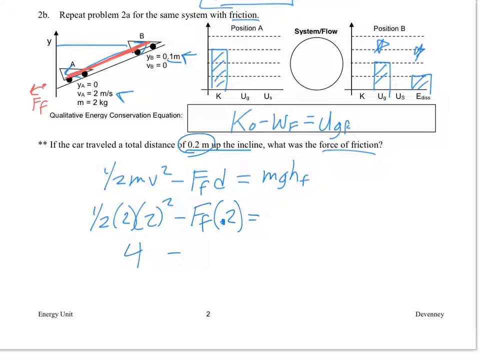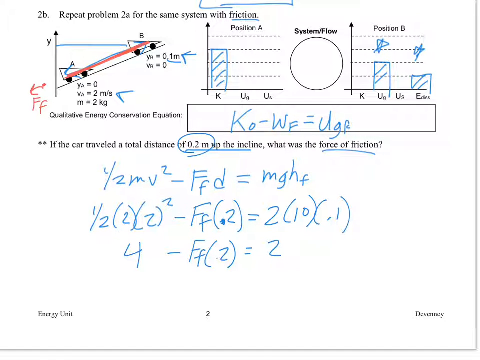So that's equal to our gravitational potential energy, so 2 times 10, and it gets to a height of 0.1. So we know that when it ends, if we multiply that together, 2 times 10 times 0.1, what does that get us? 2 times 10 times 0.1 gives us 2. Oh, duh. So there's only 2 joules of energy left.